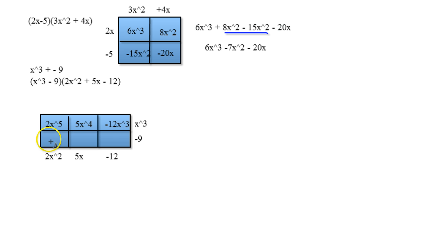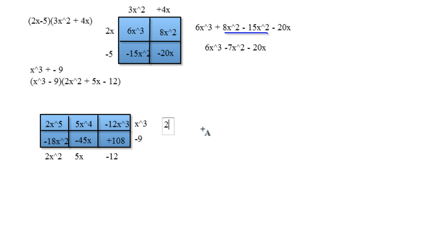Then I go down here, and now I'm going to multiply by negative 9. So this is going to become minus 18x squared, because we're not changing the x's or the variables right now. This is going to be minus 45x, and this is going to be positive 108. If you're a very astute watcher, you've probably noticed that all of these are different variables, so I'm not going to be able to combine any of them.